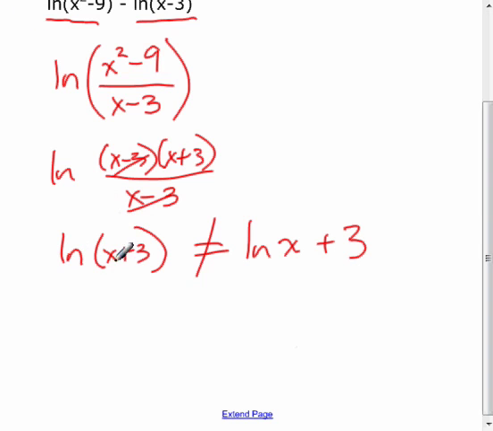Also notice that I'm taking the ln here of a sum, so I can't apply any of the rules that we've looked at so far. We've looked at a product rule, so taking the ln of a product, that's not what I have here. And the ln of a quotient, again, not what I have here. So this would be the end. That's where I would stop.